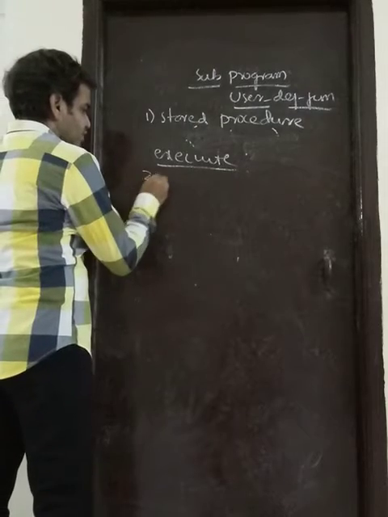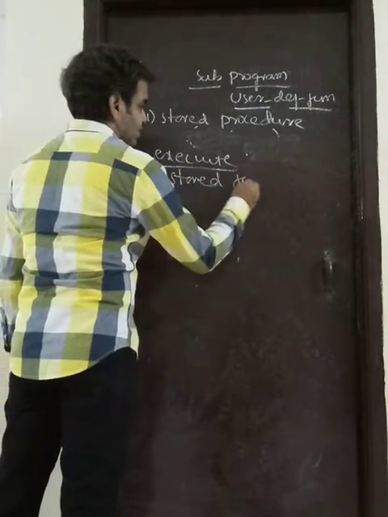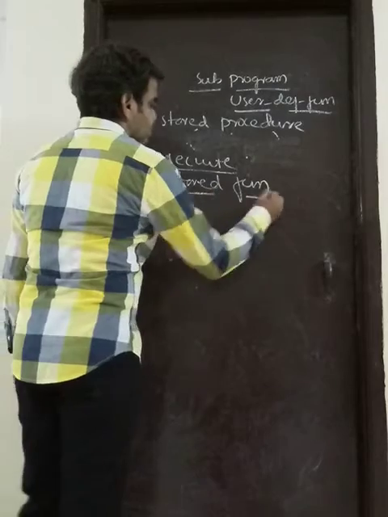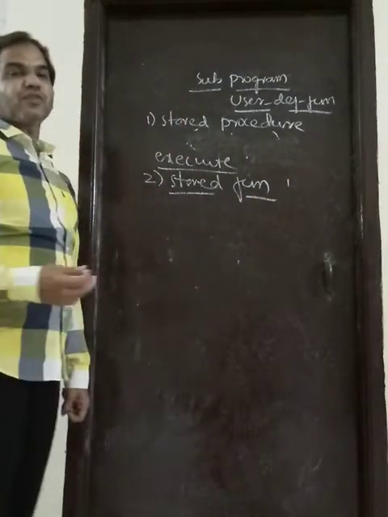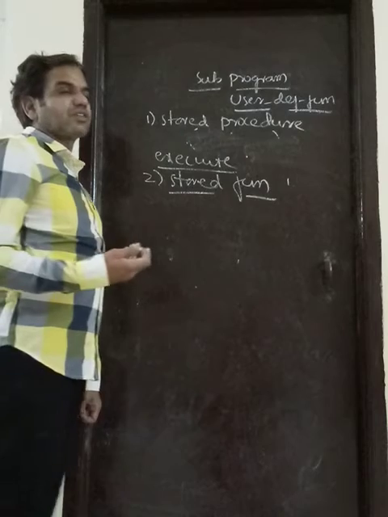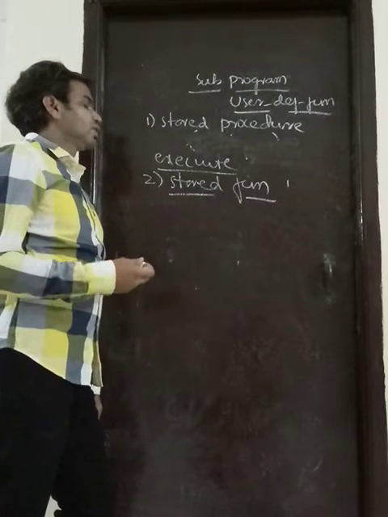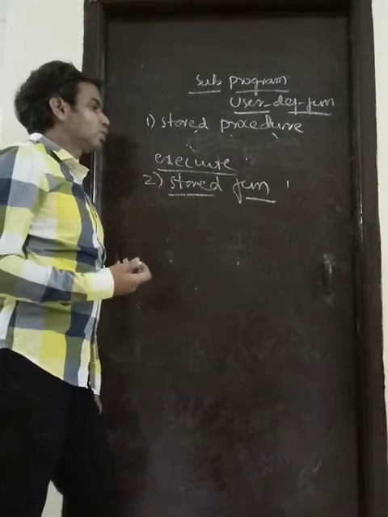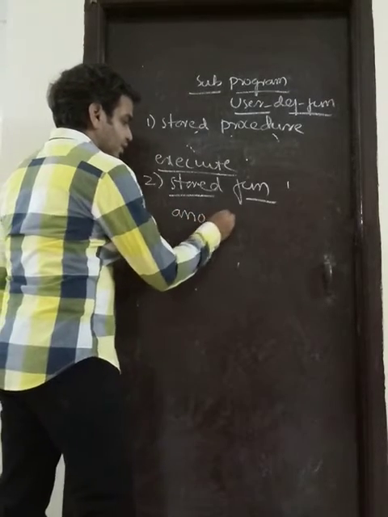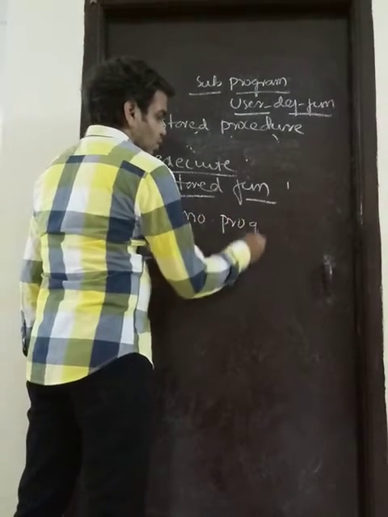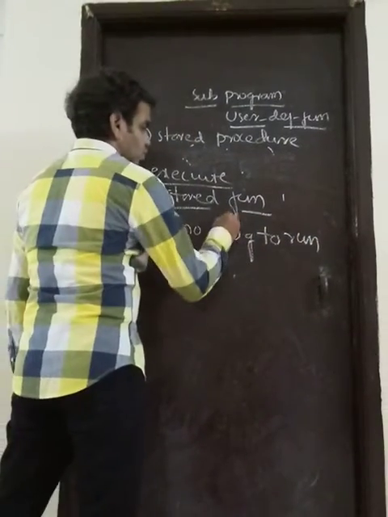Second one is stored function. Stored function is just like an inline function in C++. An inline function commonly returns a value. So here also a stored function will return a value, and to run the stored function we should write another program to run this stored function.